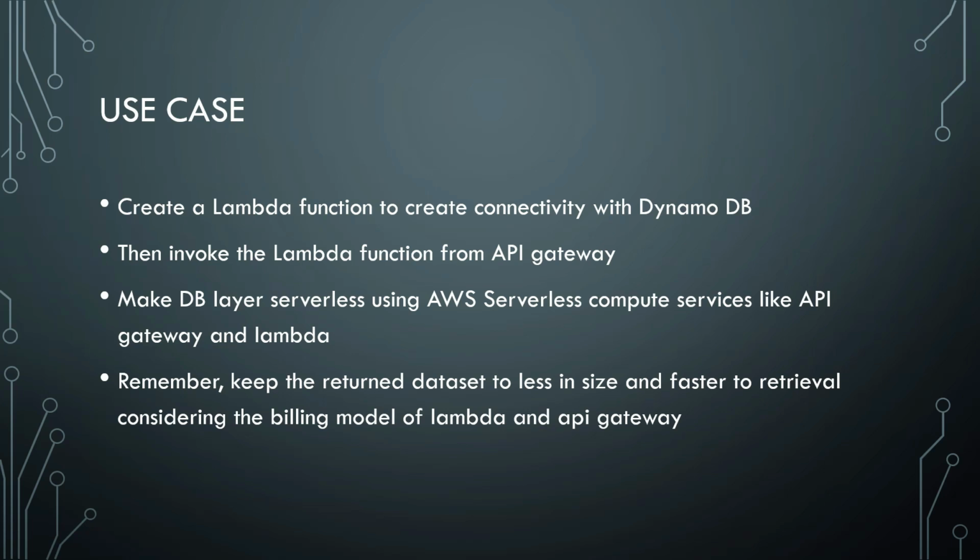Now remember, keep the returned data set small for faster retrieval. The reason is that Lambda will bill you based on the computation, whereas API Gateway will bill you based on the number of API calls you make to it.